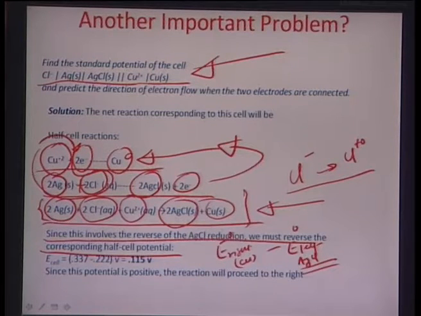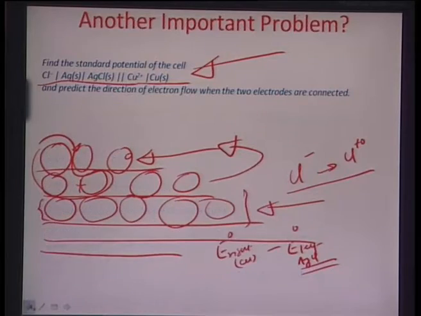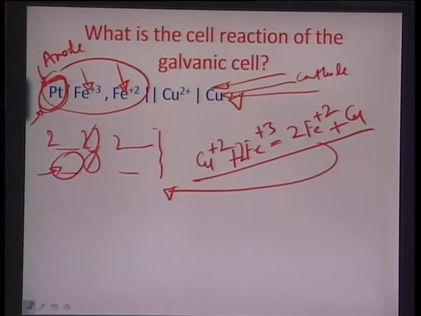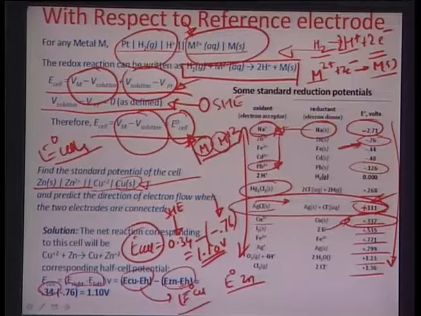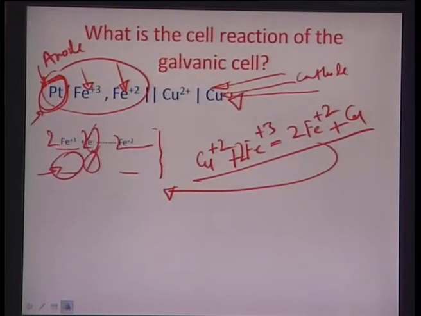And if you look at the table before, where we were talking about the standard reduction potentials, this particular illustration represents the reduction of AgCl. The reduction of AgCl is given with respect to a standard hydrogen electrode to be plus 0.111 volts.